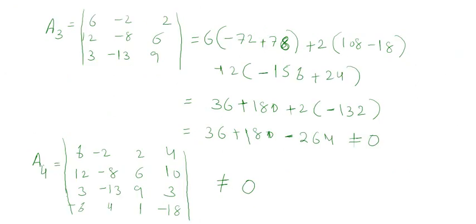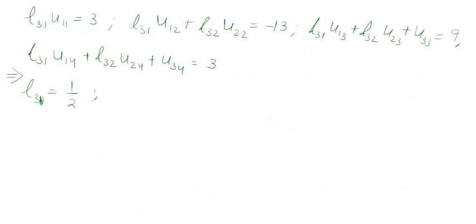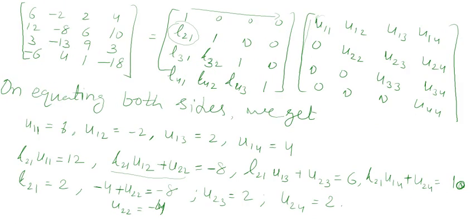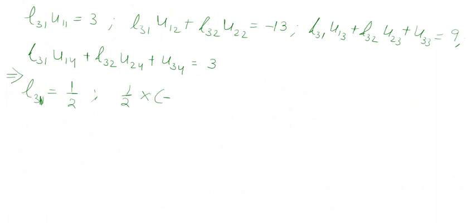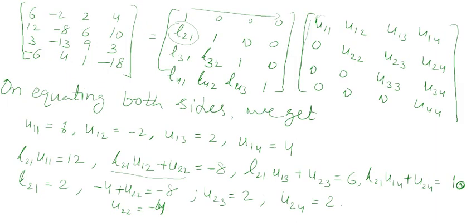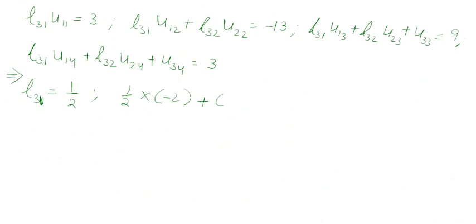So 1 by 2 times minus 2 plus minus 4 times L32 equals minus 13. This gives minus 4 times L32 equals 13 plus 1, which is 14.